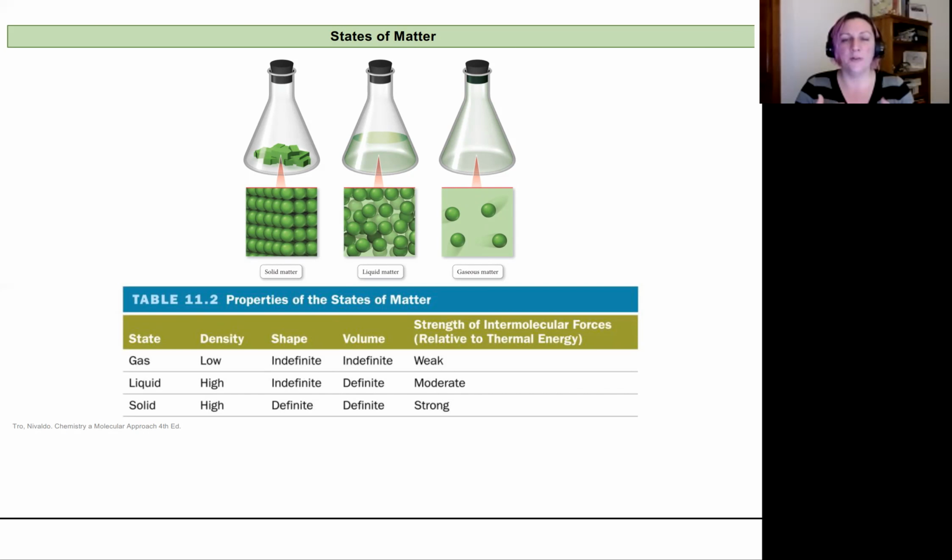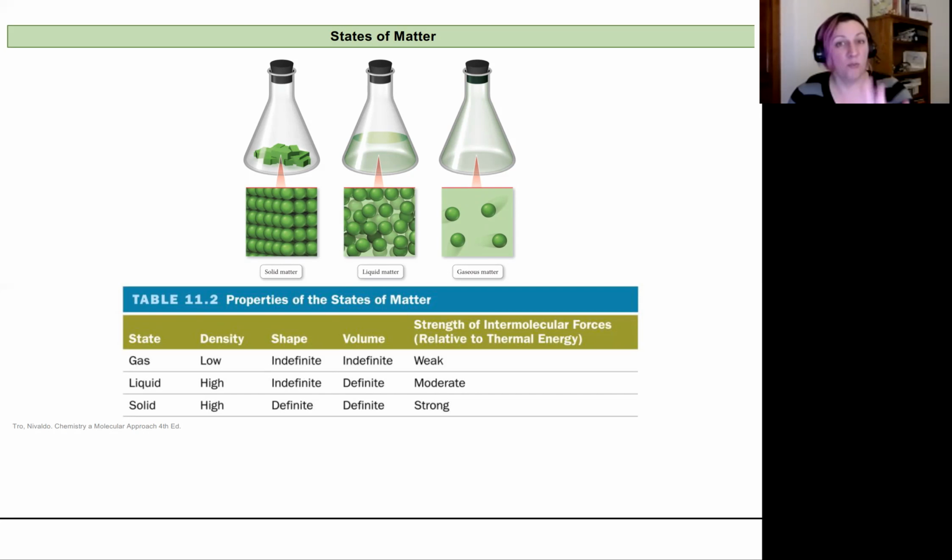So we've increased the amount of kinetic energy. We're seeing an increase in motion, and so we're going to see usually a decrease in density as they are moving around so much. They'll be a little further apart. And we see too in this state because of that while our volume will remain fixed, the shape of it won't, and it'll take on the shape of any container you put that liquid in.